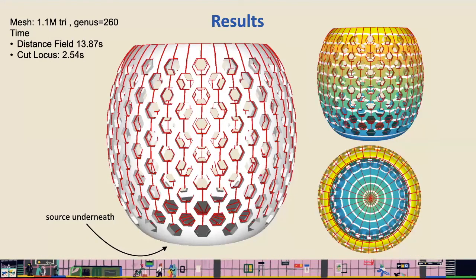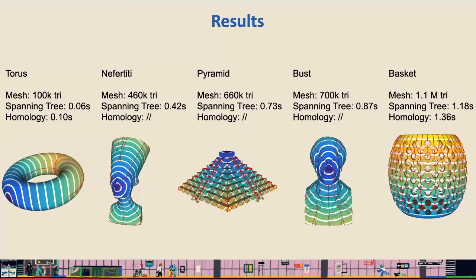Moreover, even on homogeneous surfaces like this one, our method reconstructs the correct homology by closing all the needed loops. In addition, note that all the cut loci we have shown so far have been computed in seconds by our algorithm, while state-of-the-art methods would take hours to present the same results. In fact, if we consider only the timings relative to the computation of the spanning tree and eventually the homology, we see that our algorithm is not only fast, but it also scales very well to large meshes.